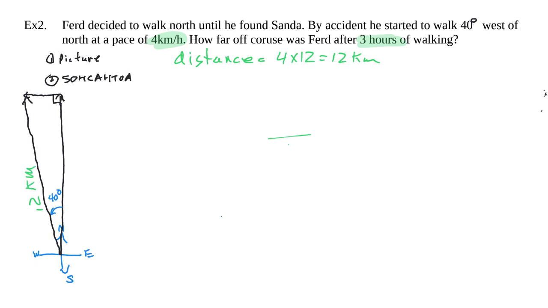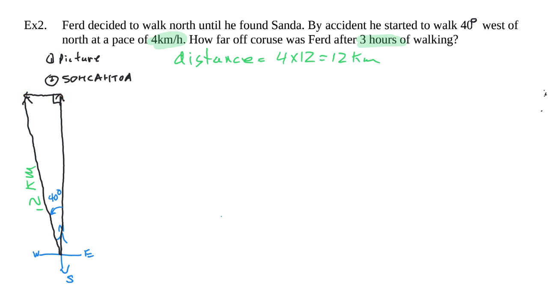All right. And now that we've got the distance that he travels in the wrong way to the North Pole, we have to decide how far off course he was. So when we're trying to find out how far off course, we're actually trying to find this distance here, going across from here to here.